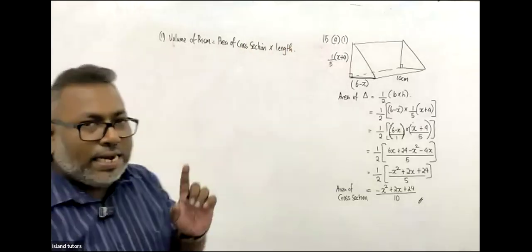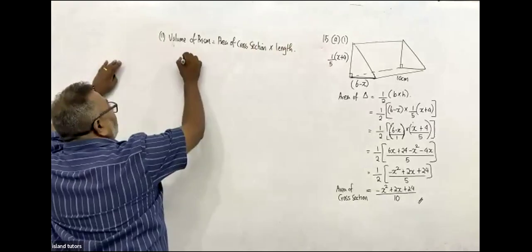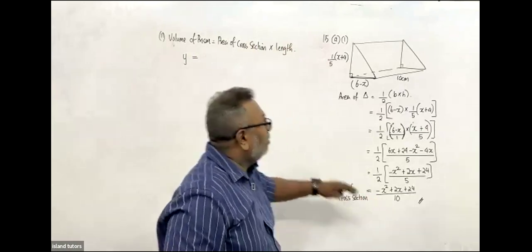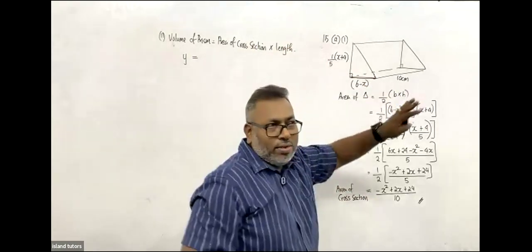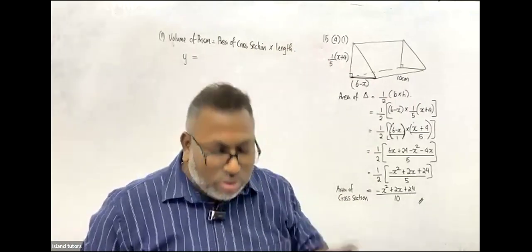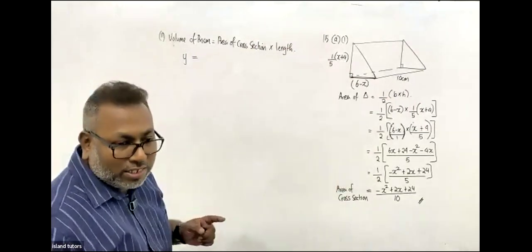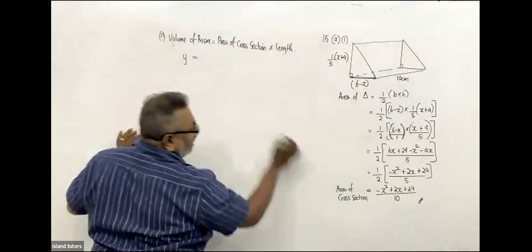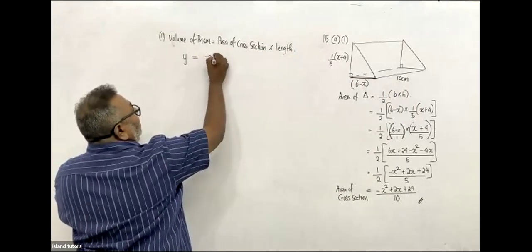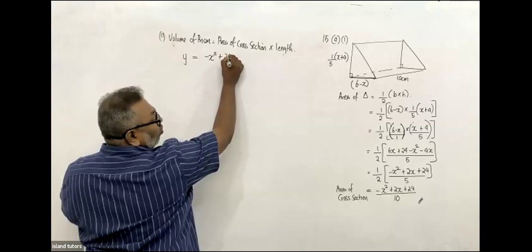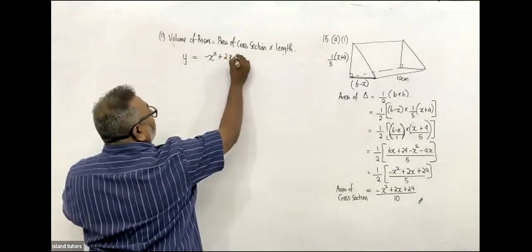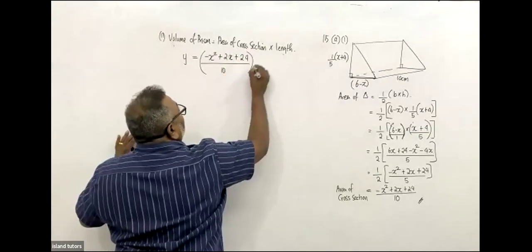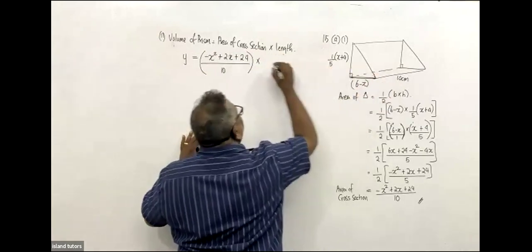They are saying the volume is y cubic centimeters. The area of your cross section we know is this, into your length, which we know is 10. They want you to show the volume is equal to minus x squared plus 2x plus 24. So what are you going to do? You're going to substitute into this. Area of cross section you already have: minus x squared plus 2x plus 24 over 10, multiplied by your length, which is 10.